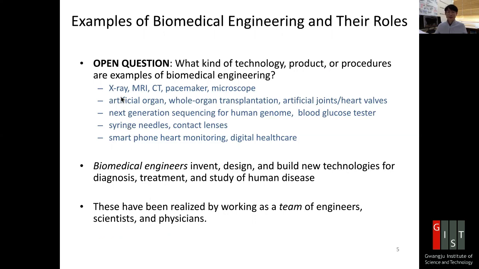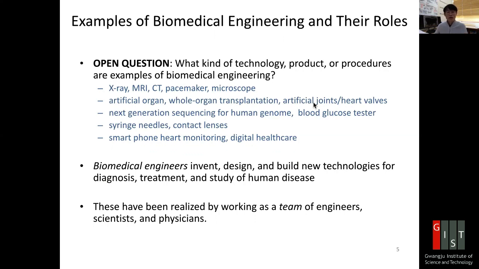For example, X-ray, MRI (magnetic resonance imaging), or CT, pacemaker, microscopy. Or you can think of artificial organs, such as artificial joints or artificial heart valves.